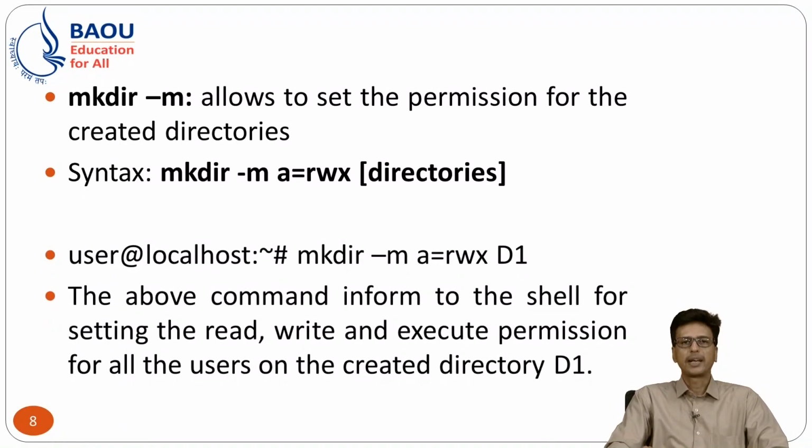So you can see the example mkdir -m a=rwx d1. That means d1, a new directory, is created in your current directory with the permissions read, write and execute for all the users, right?